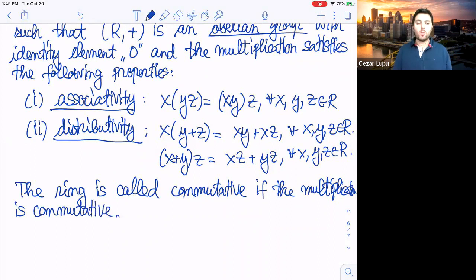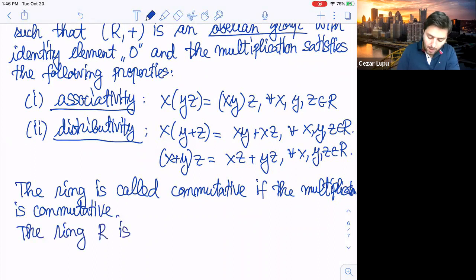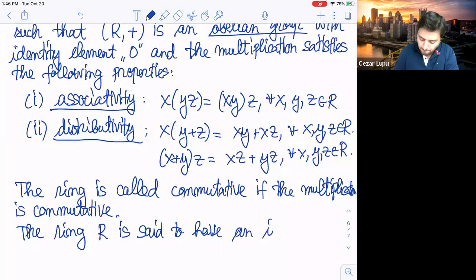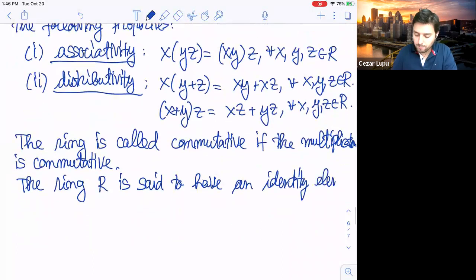Well, it's also useful to say that the ring is said to have an identity element, and when I say identity element, I mean 1 with respect to the second operation.